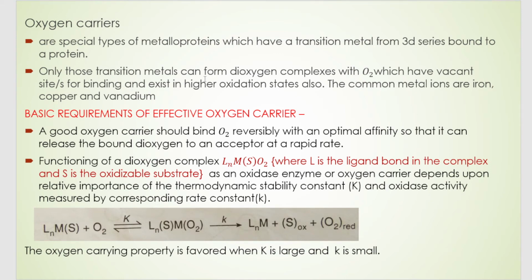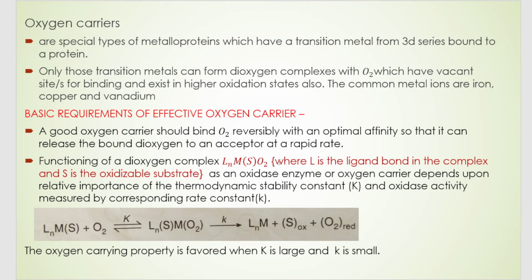So they prefer transition metals in oxygen carriers. Common examples are iron, copper, or vanadium, which is present along with the protein as a metalloprotein, which is nothing but your oxygen carrier. What is its function? To carry oxygen.